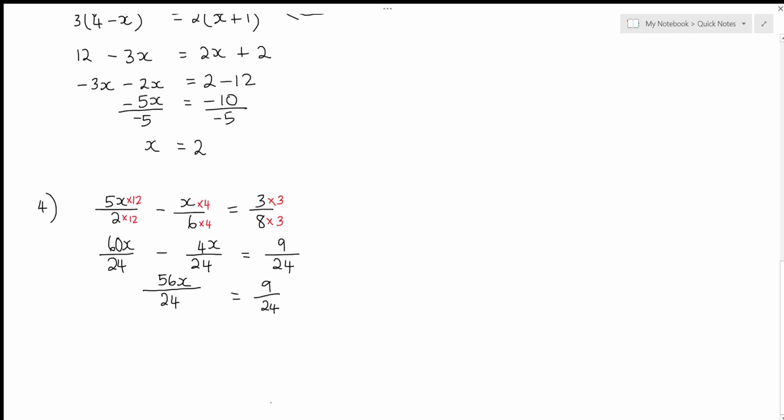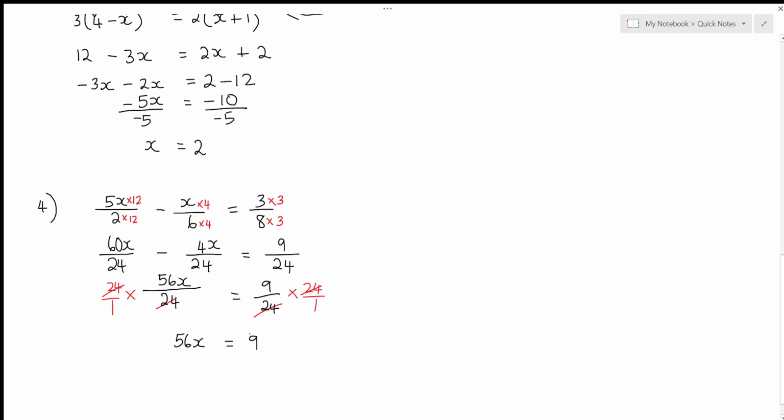And so to get rid of the 24, we're basically going to multiply the left-hand side by 24 over 1, and we're going to multiply the right-hand side by 24 over 1, and that will cancel out. And you're going to be left with 56x equal to 9.